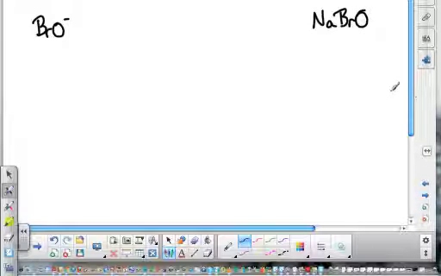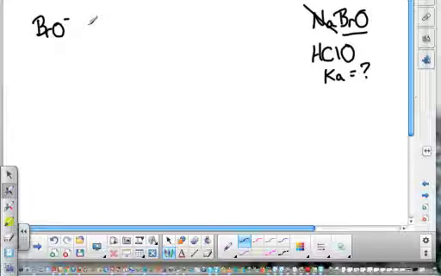Well, you would rule out sodium because it came from a strong base. This is an anion, so it came from an acid, which is going to make it a base. You would look up the Ka for this acid, and then use the 1 times 10 to the minus 14 to get your Kb. So the same problem could have been asked the same way, but it would have been worded differently.